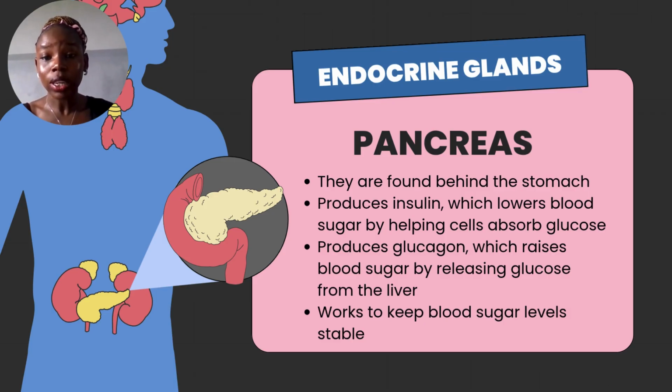When the level of glucose is low in the body, it converts glycogen back to glucose in order to release energy for the body, and that hormone is called glucagon. So insulin and glucagon are produced by the pancreas, and they work together to keep the blood sugar level stable.